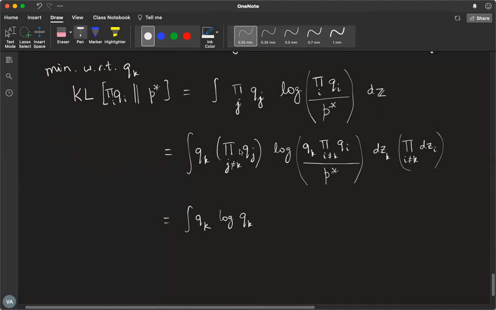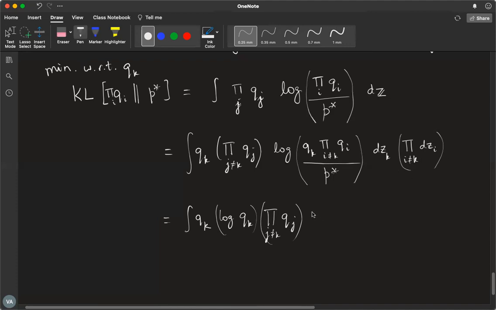Log of qk times everything, product over J not equal to k qj, right? This term comes, this term comes, and then this term comes.